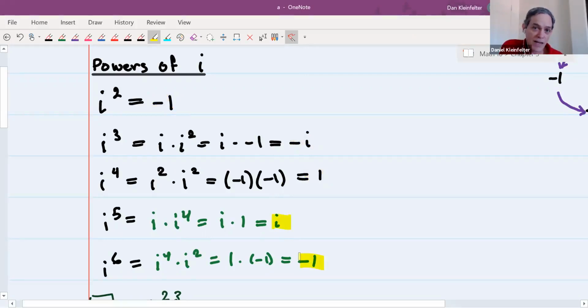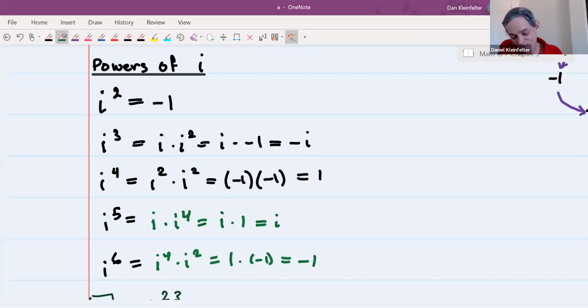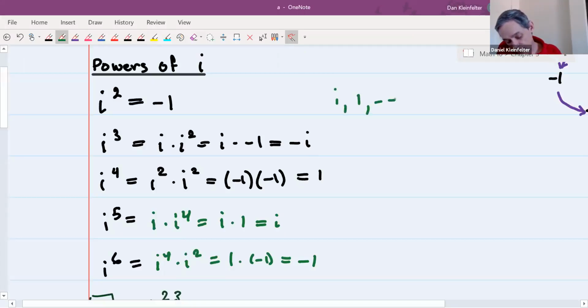The next one will be -i, and then back to 1 again. It turns out that when you raise i up to a power, you get one of 4 answers: i, -1, -i, and 1. So you get 4 possible answers depending on what the exponent is.